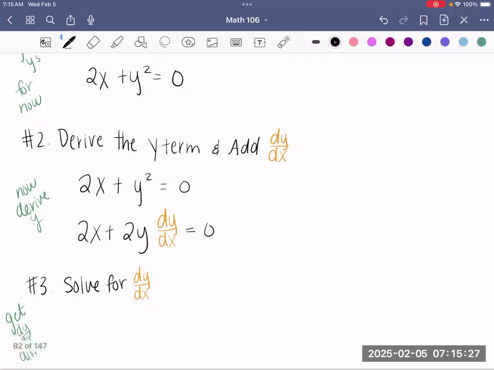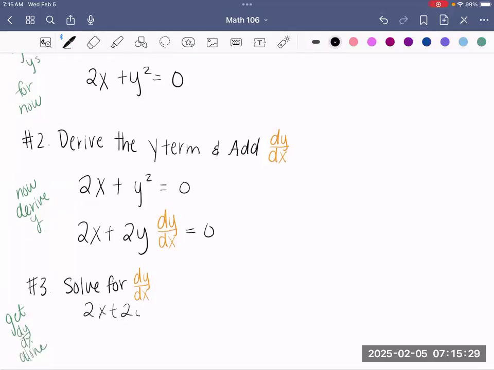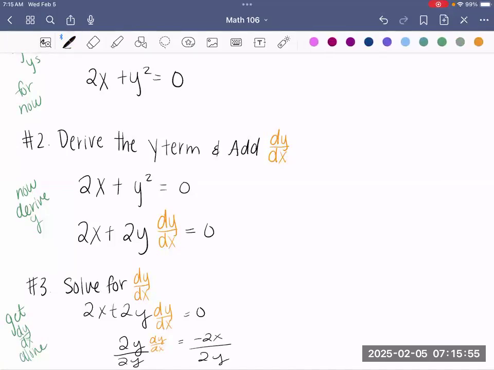First thing that we would perhaps want to do, after I, of course, write it down, is subtract over your 2x, and then we can divide by our 2y and simplify. Dy over dx. Notice that we have 2 2's that can cancel. So we get negative x over y.